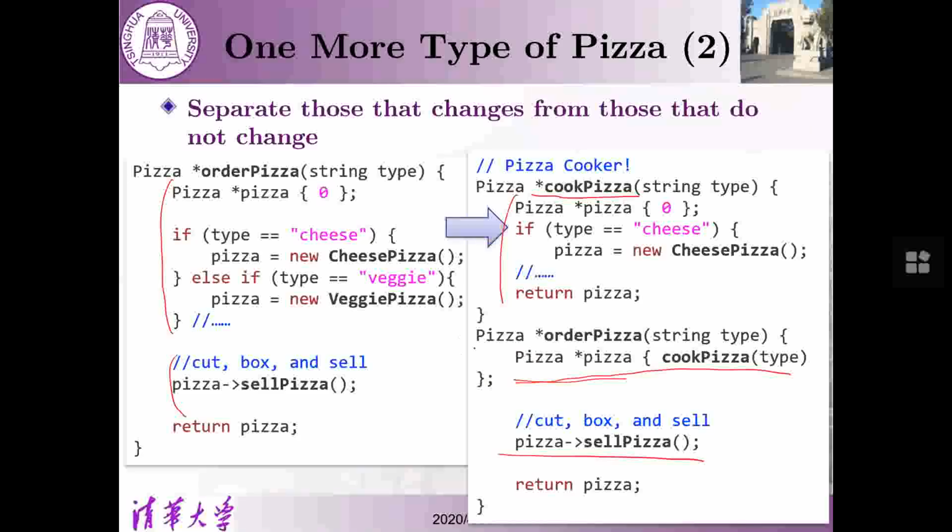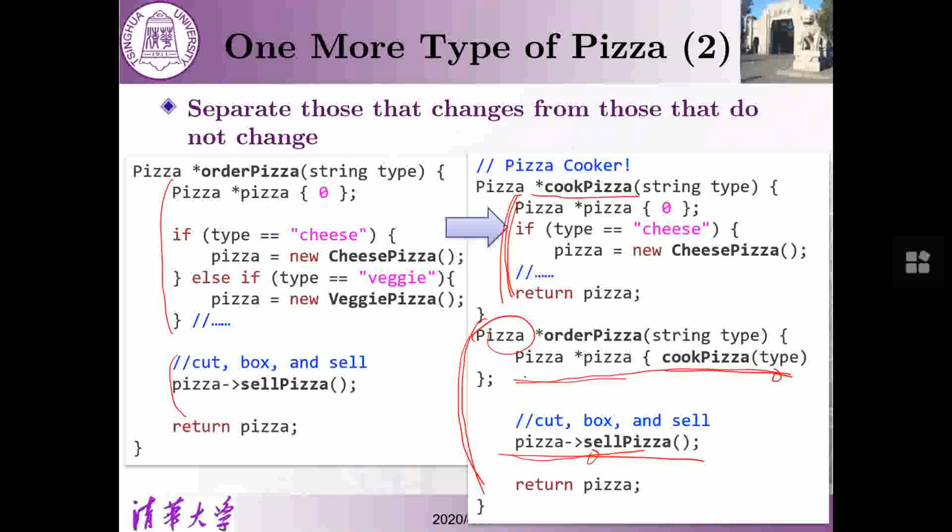So if in the future we want to add one more type of pizza, we do not need to modify this, right? Because this part is programmed to interface, and we just provide the type. It's fine, right? And this is also programmed to interface, so we do not need to modify this part. So this function will not change in the future if we add one more type of pizza. We only focus on this.